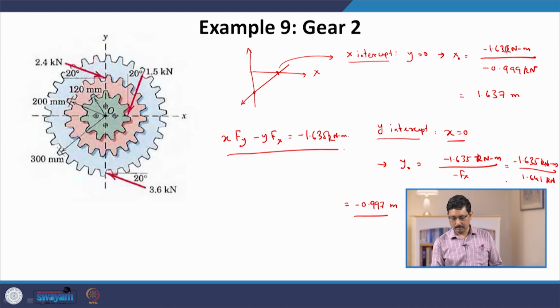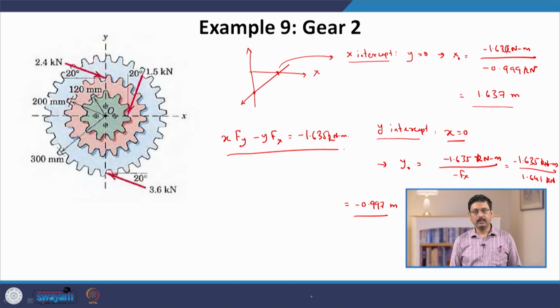Note that we get the correct sign, because if we expect that the force is along this direction, then we expect the x intercept is positive and the y intercept is negative, and this is precisely what we get after the calculation.